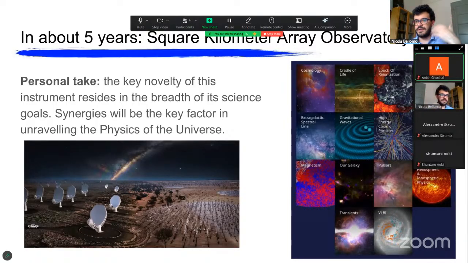represented by the very large number of working groups that currently exist in SKAO, which I show here on the left. At the moment, there are 14 working groups, and their science ranges from, let's say, habitable planets to cosmology and very high energy processes in astrophysics.